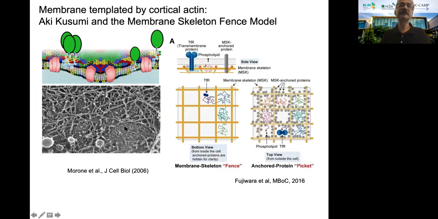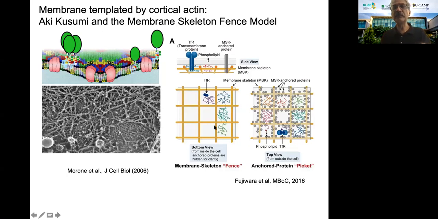Of course, the first thing we realized is that the membrane of a living cell is closely juxtaposed to this actin cortex. And this actin cortex is something that imprints the membrane. It provides the membrane a pattern on which things can move about.